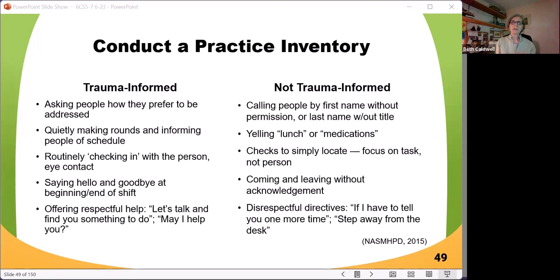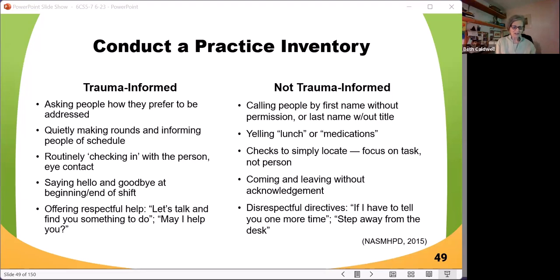To a person, the person served said, staff will drop anything if you tell them you have a need. So thinking about that, how do you line up with all of these that are trauma informed versus what's not trauma informed? So the third area, that's your practice inventory.